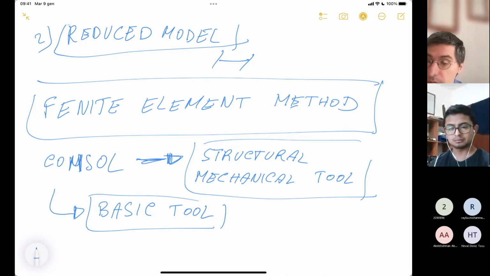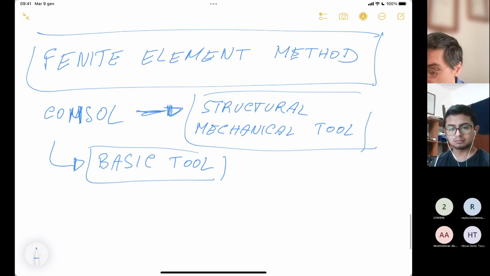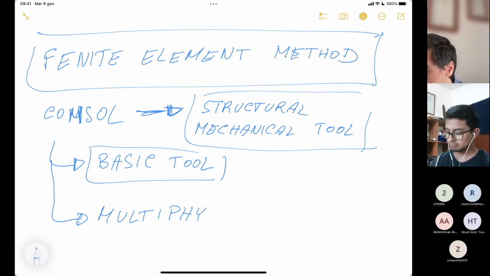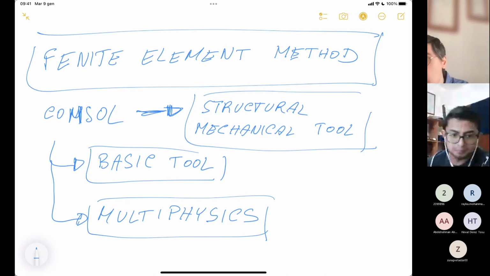So this is important. And the other feature that can be interesting of COMSOL is the multi-physics. What is the multi-physics? It is the fact that COMSOL allows you to put together many equations.